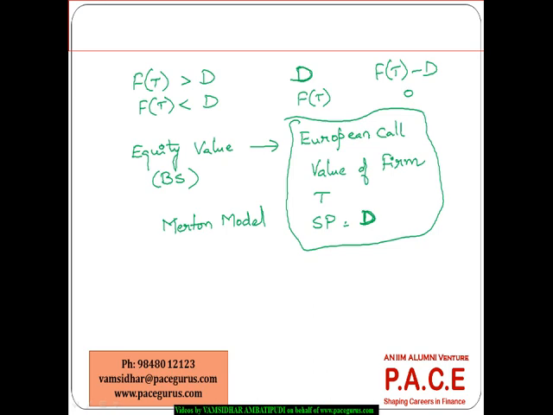Now, let's try to take a very simple example. Let's assume that a company ABC has issued zero coupon bonds with a maturity of 4 years, and let's say the debt is $120 million. They have issued a 4-year maturity zero coupon bond, which at the end of 4 years, 120 million needs to be repaid.